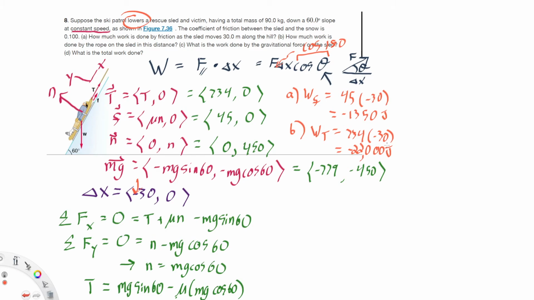We are multiplying by negative 1, but we got the negative 1 from our coordinates.